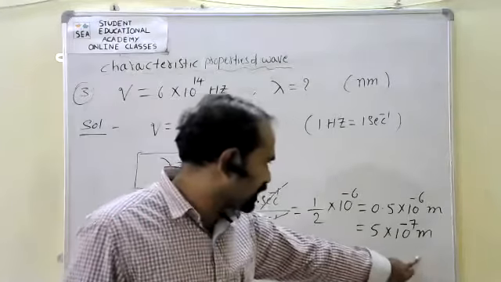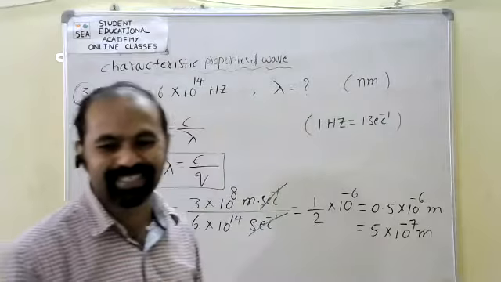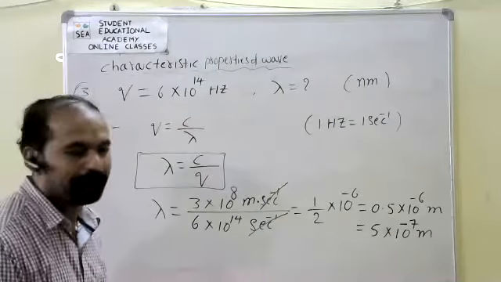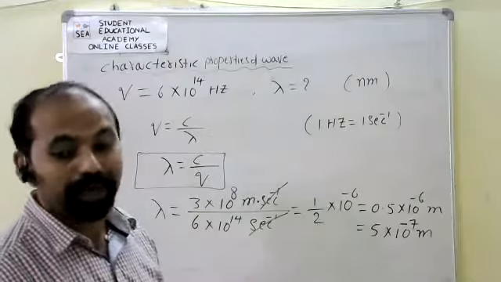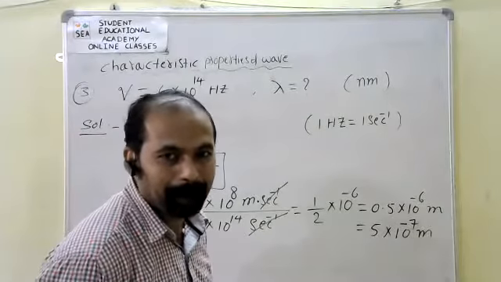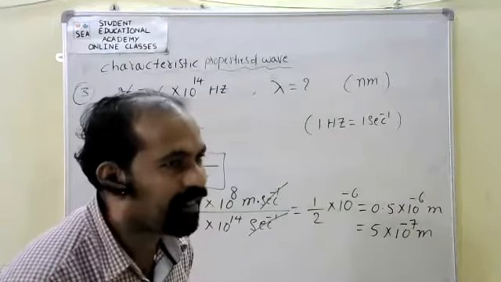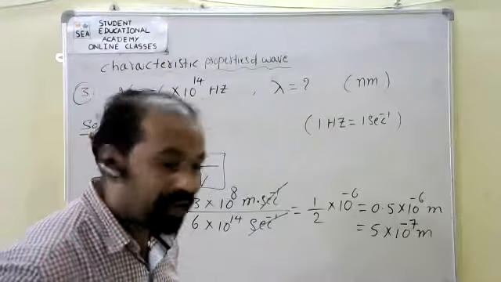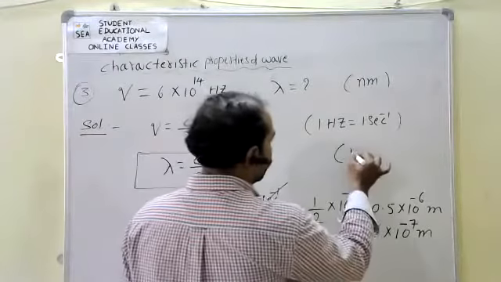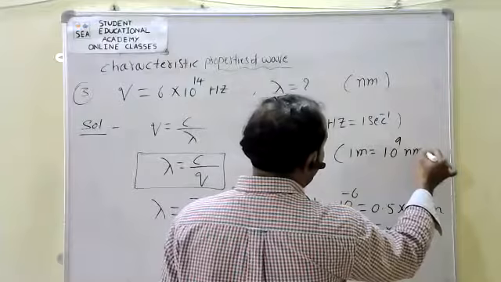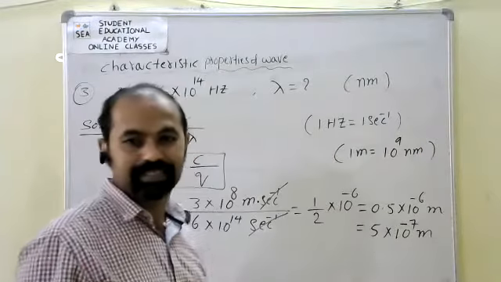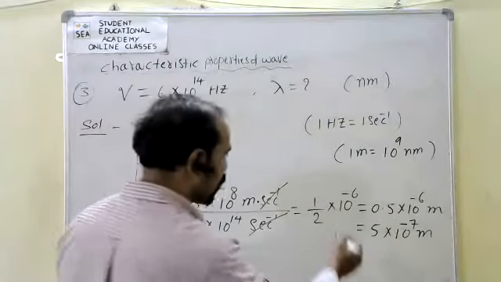Now convert this meters into nanometers. 1 meter equals how many nanometers? 10 power 9. Very good. 1 meter equals 10 power 9 nanometers according to the relation.